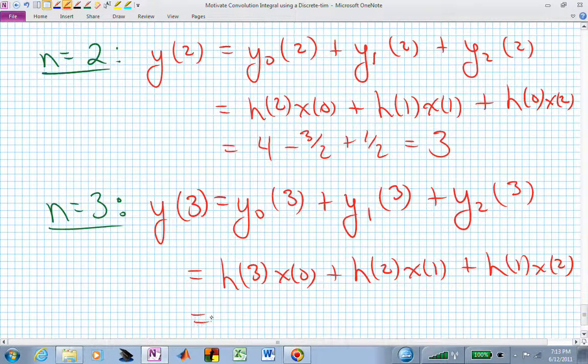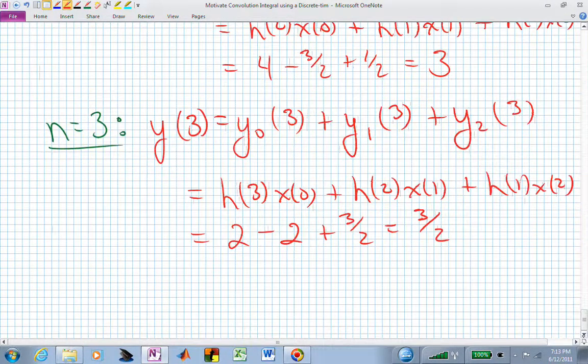This now is going to be 2 minus 2 plus 3/2, or now we are left with 3/2 for the total response at time n equal 3.